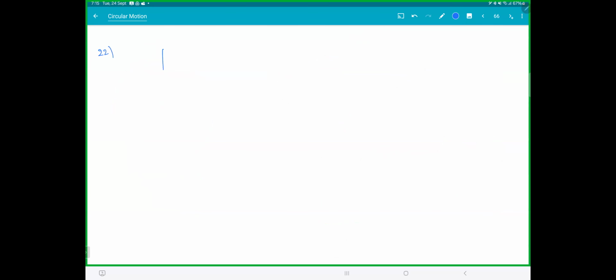Something similar, but this time we have a rod here. The rod is rotating with omega. This is x is equal to 0. This is x is equal to L. Mass m. So this rod is going in a circle like this.